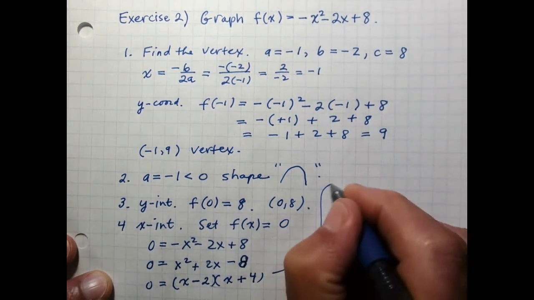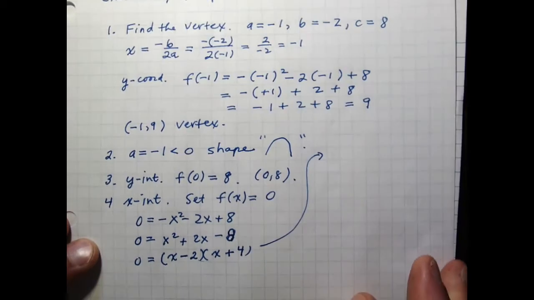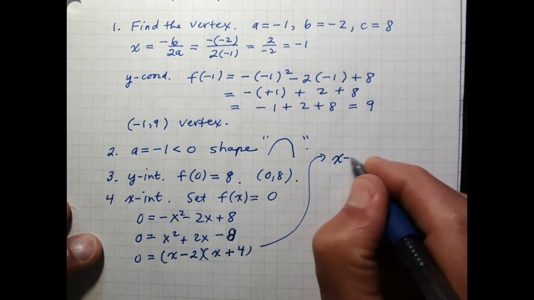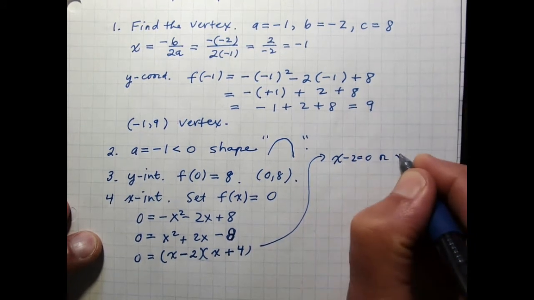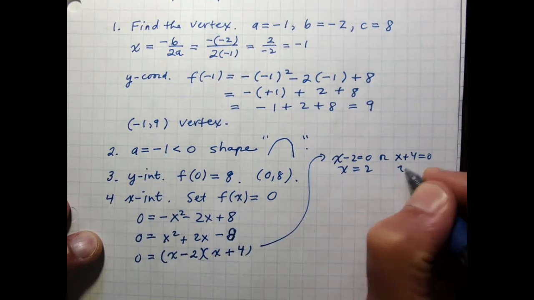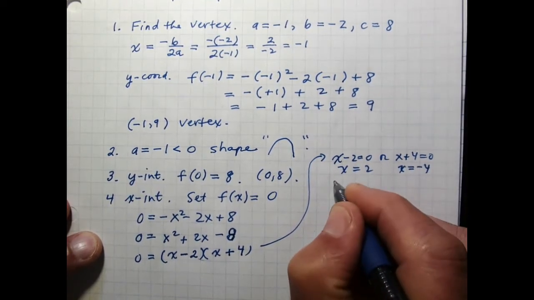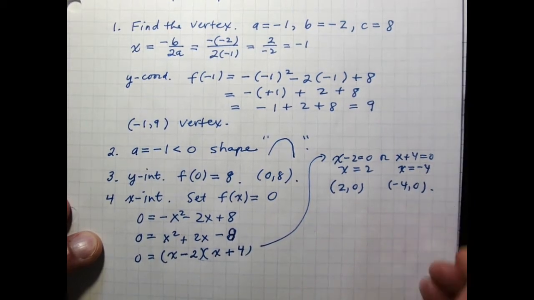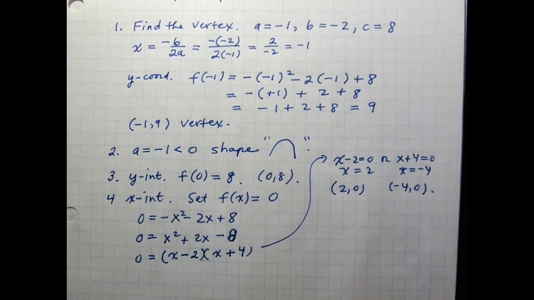So we have x minus 2 is 0 or x plus 4 is 0. x is equal to 2 or -4. So we have (2, 0) and (-4, 0) as my x-intercepts.